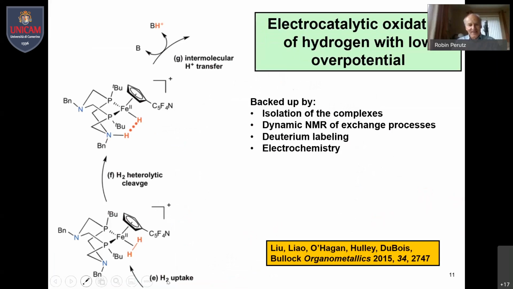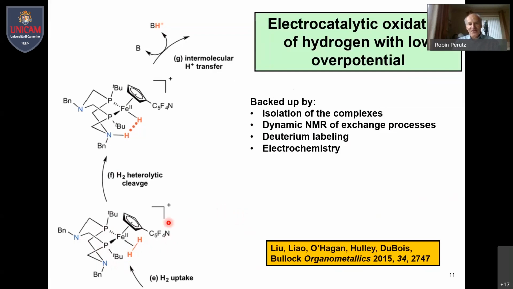And here at the bottom left, we have the hydrogen coming in to bind to the iron. And it binds as a dihydrogen complex. And the ligands, we have a chelating diphosphine, but there are two pendant nitrogen units attached.